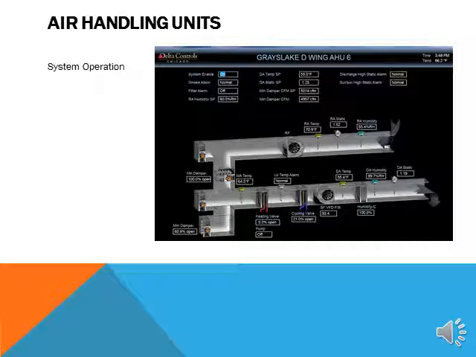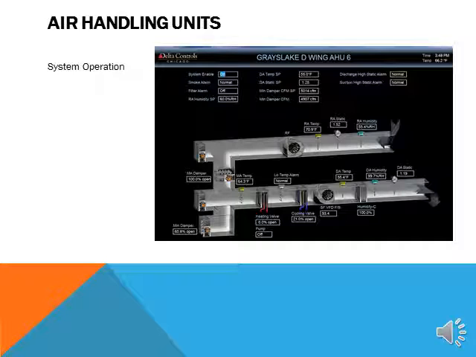There are three dampers: exhaust, mixed air, and outside air. In this case, we see the minimum damper also used, which is used when we're only using ventilation air, meaning that we're outside of the economizer temperature range.